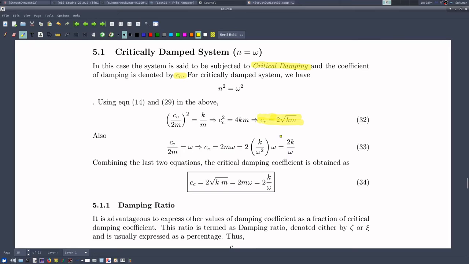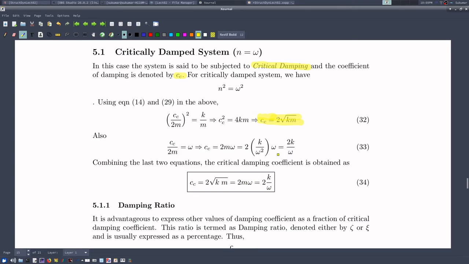If I express k in terms of omega or m in terms of omega, then I can also write Cc equal to twice m omega, because k is omega square m. So I'll get twice m omega, and if I express m in terms of k by omega square, then I will get twice k by omega. So Cc can be expressed either in terms of k and m, or, because k and m are related to omega, in terms of m and omega and also k and omega.